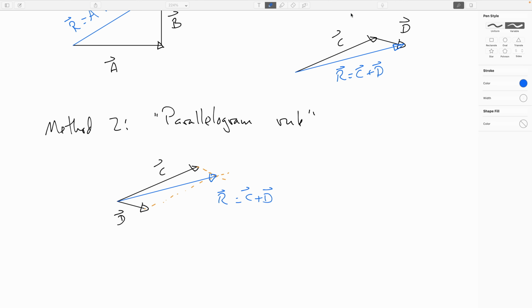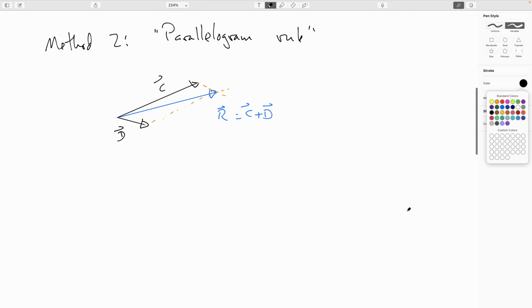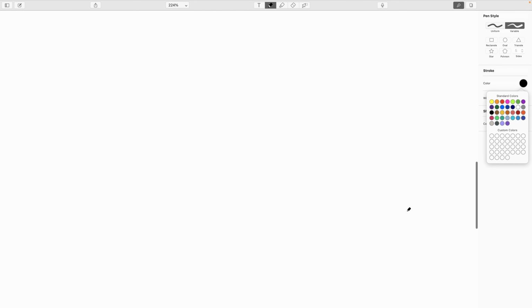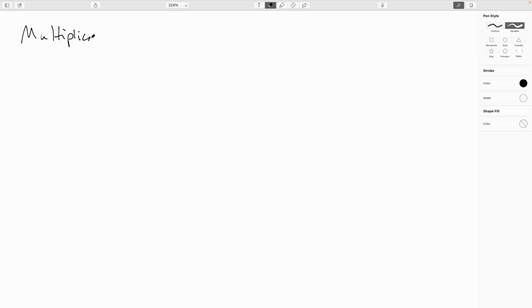Okay, so this isn't the only mathematical operation that I want to show. So let's talk about doing multiplication by a scalar. So I can take a vector and I can multiply it by just a plain scalar quantity.